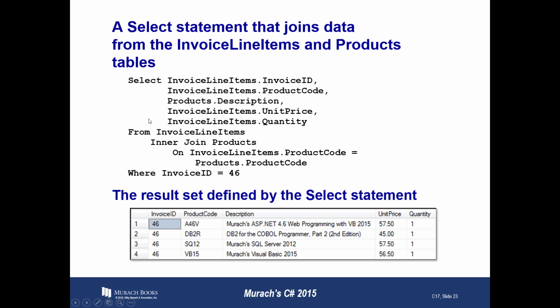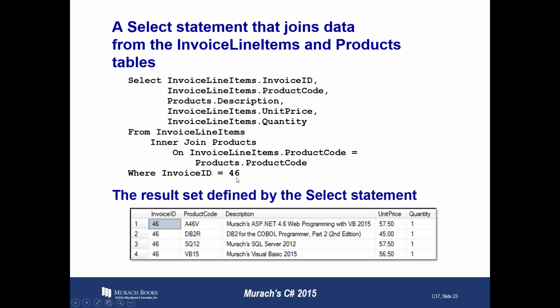Now, not only are they joining two tables, but they're putting a where clause in here, which means we only want them where the invoice ID is 46. So notice what we're doing here. We're saying that what we want is from the line items table, we want the invoice ID, the product code.